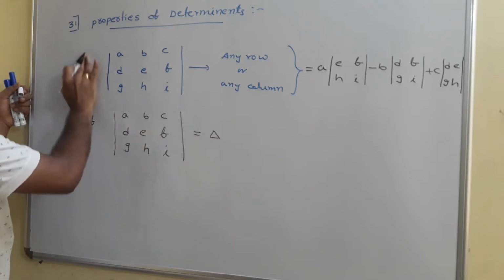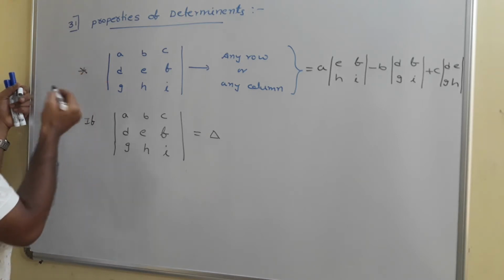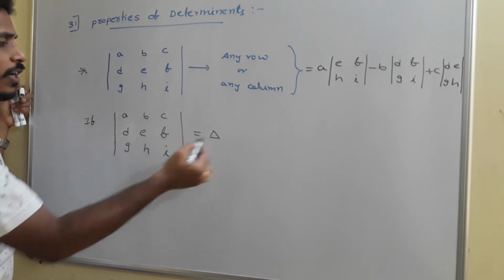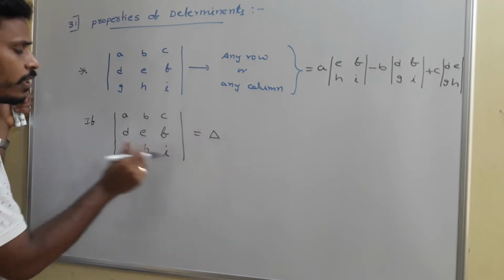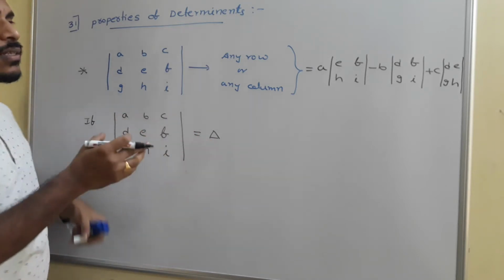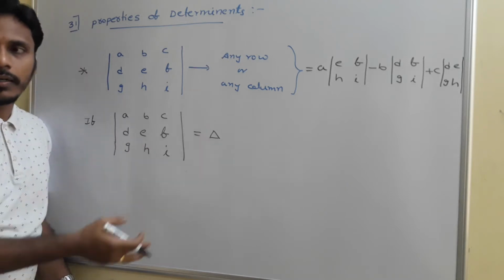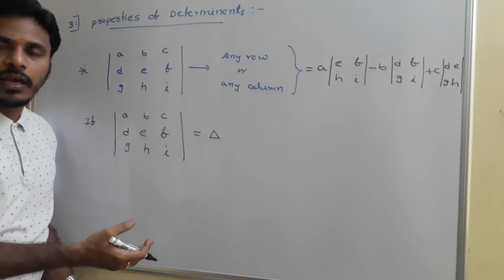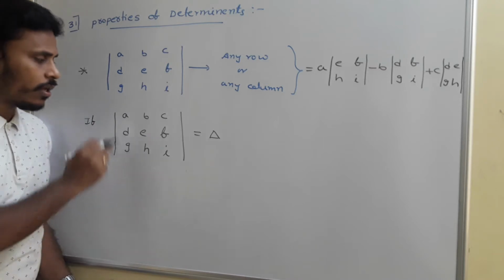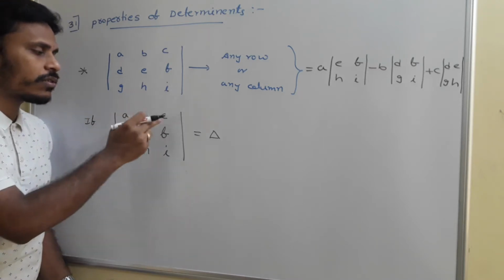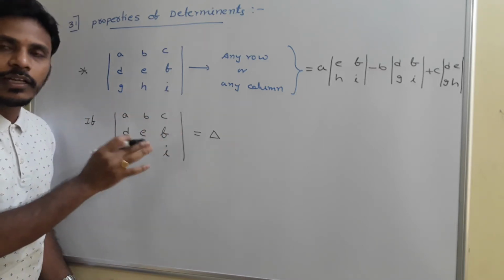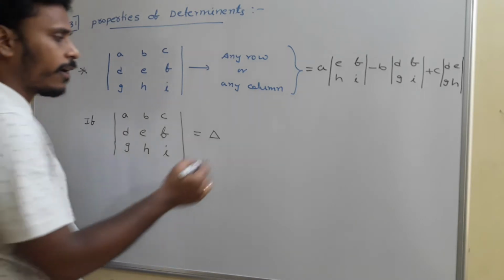It is the basic definition of the determinant as we know. After finding this determinant, you may get some value. You may mention that value as delta, or take some K, or some A, no problem. If you find the determinant of this, you will get a number, and I am choosing that number as delta.